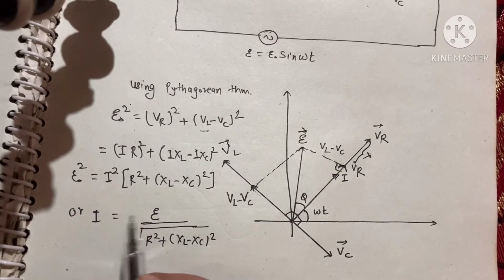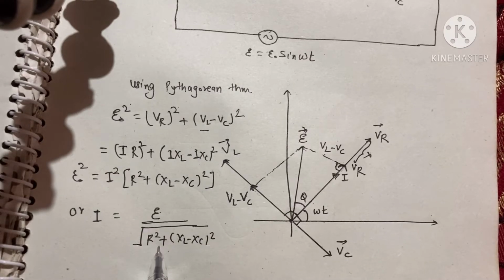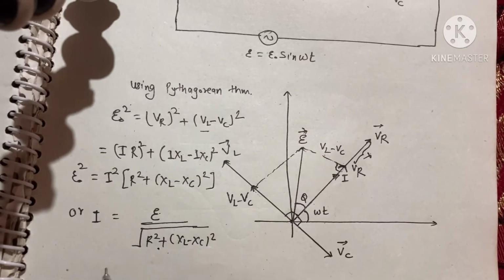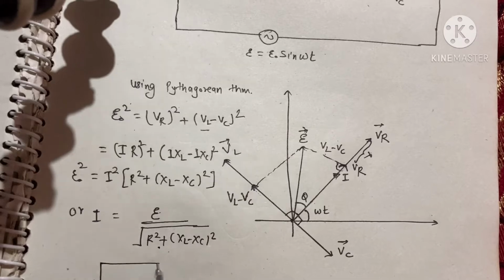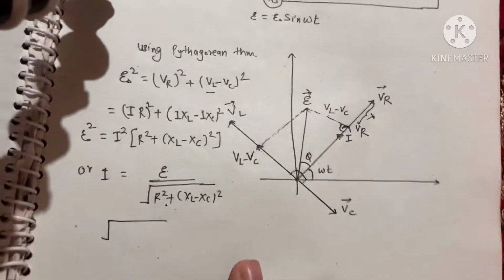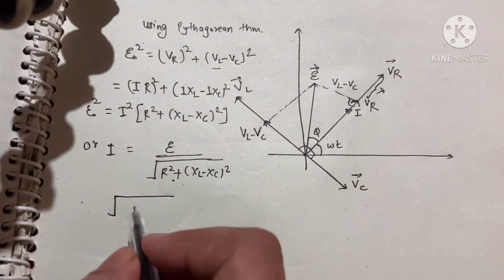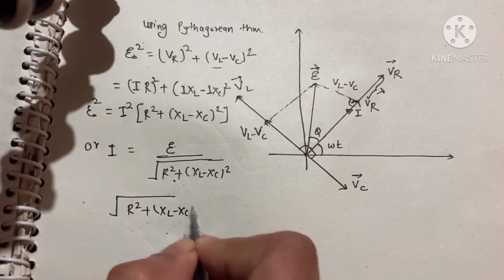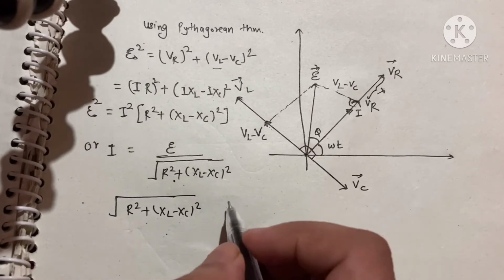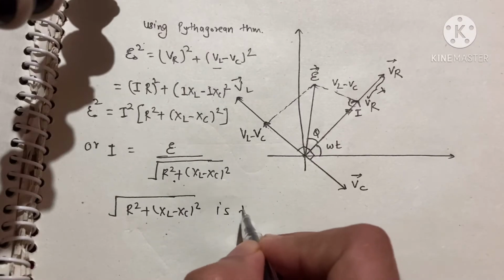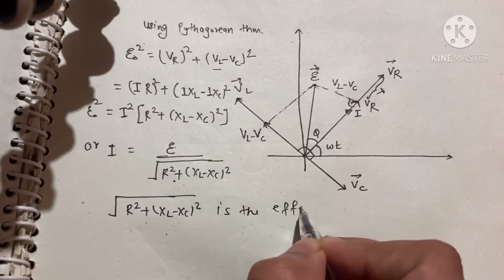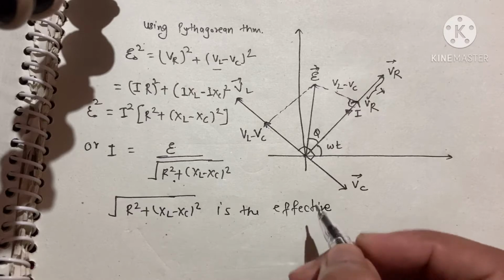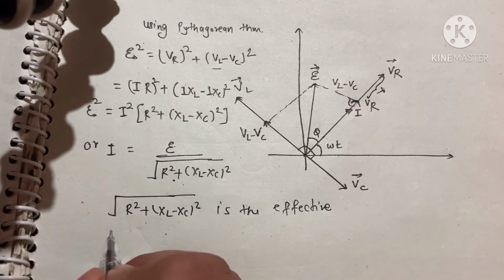It is the square root of R squared plus (XL minus XC) the whole squared, the effective resistance of the series LCR circuit.